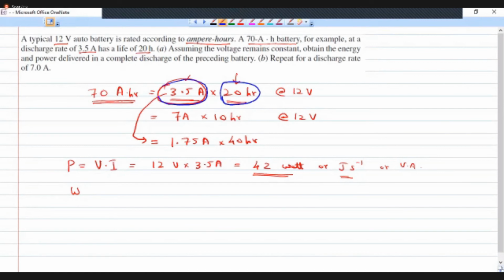So each second it is delivering 42 watts. So what is the total energy that is stored in the battery? E is power into the total time, right?